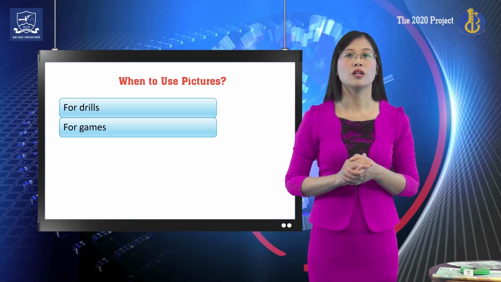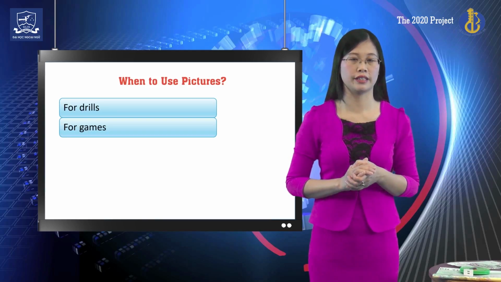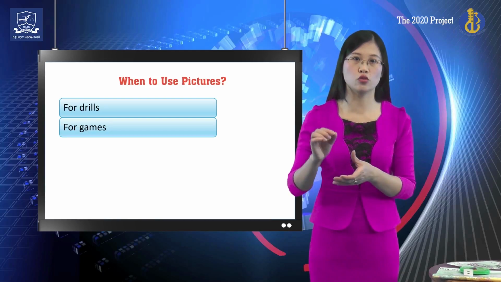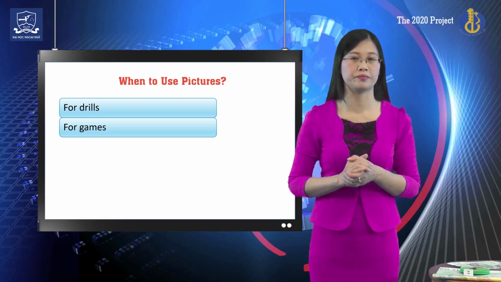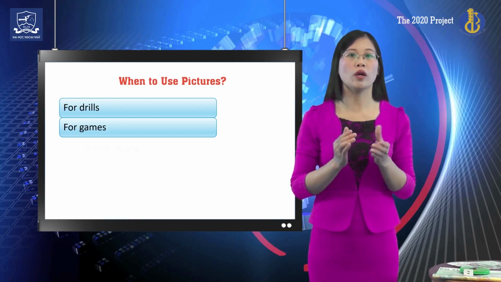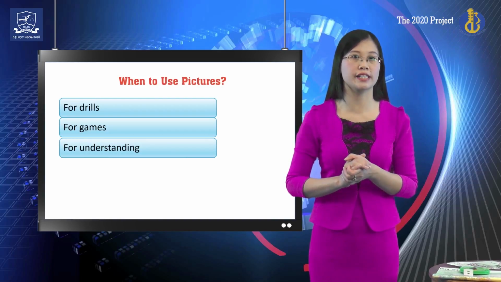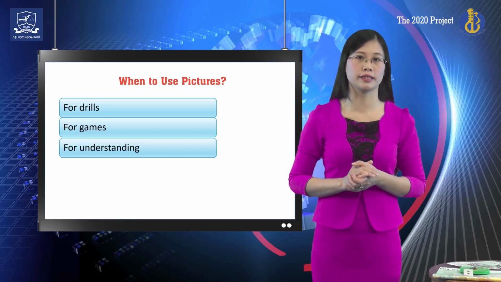That is, student A describes one picture orally, and student B has to draw that picture. For understanding, one of the most appropriate uses for pictures is for presenting and checking meanings.